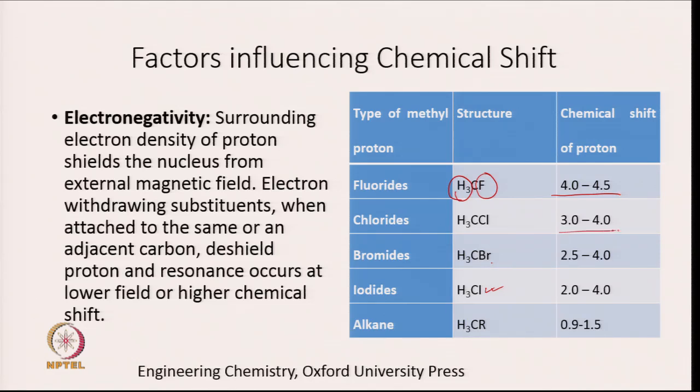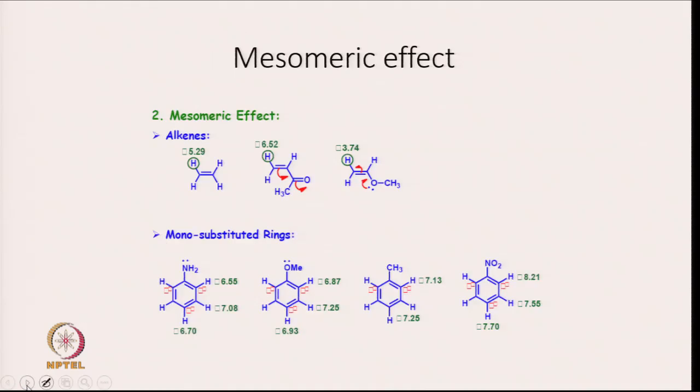If chlorine is attached to CH3, the proton will resonate between 3.0 and 4.0. If carbon is attached to bromine, these protons will resonate between 2.5 and 4.0, and similarly here, R is your alkyl group, and in that case your chemical shift value is going to be small. So, electronegativity is a factor which plays a role.